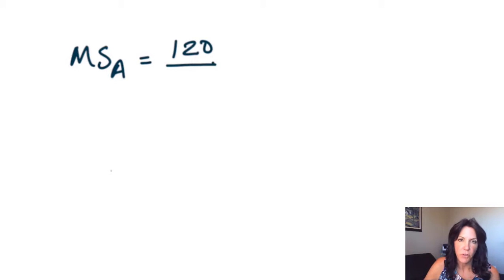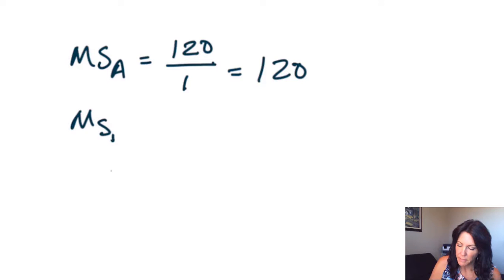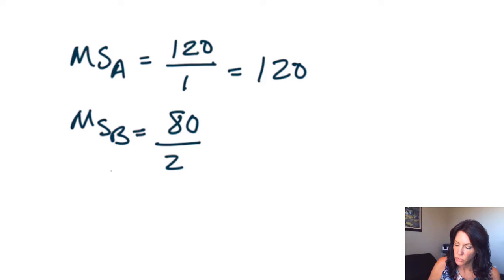The mean squares for A involves taking the sum of squares for A of 120 divided by the degrees of freedom for A, which was 1, which gives us mean squares of 120 for factor A. For factor B, we had a sum of squares of 80 divided by degrees of freedom 2, and that gave us a mean squares of B of 40.